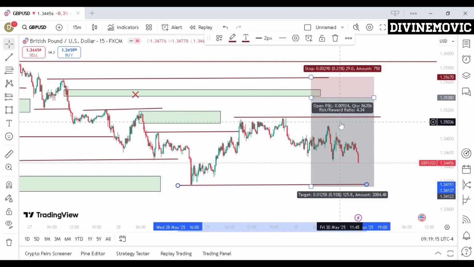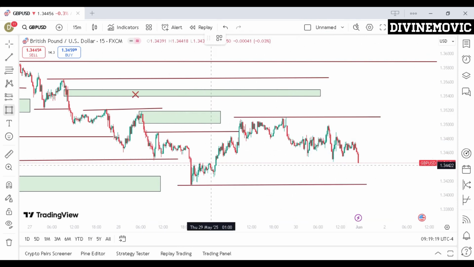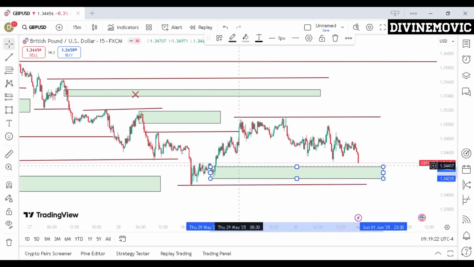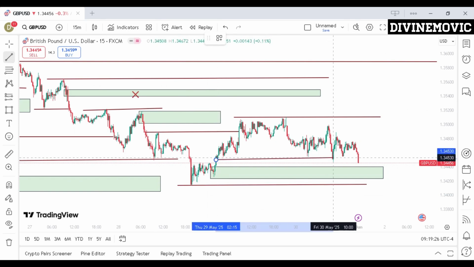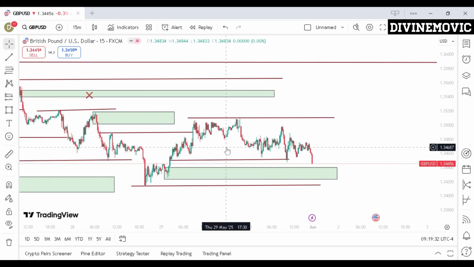And where I can see a good POI is simply here. This is a good POI here. And most likely there's also liquidity. That means this is a valid entry with our strategy.